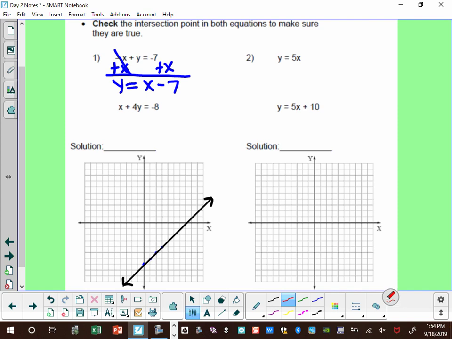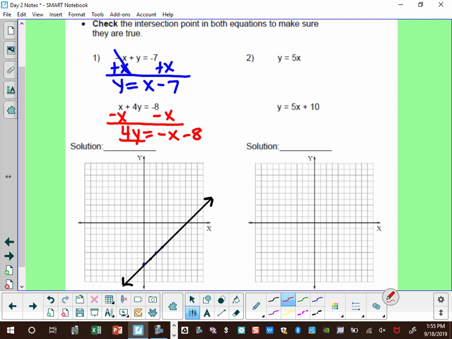All right, then I have x plus 4y equals negative 8. Let's solve for y. I'm going to subtract x on each side. So I'm left with 4y is equal to negative x minus 8. How do I solve for y here? Divide by 4 on both sides.